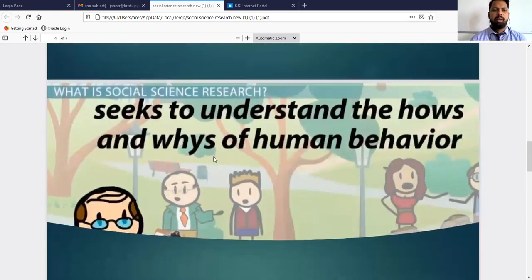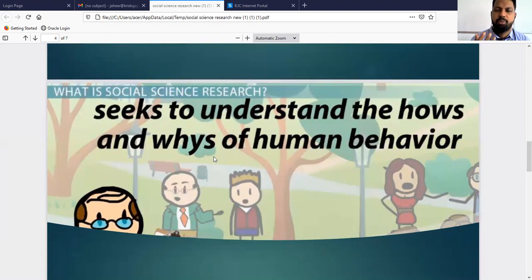So simply we can put it as: social science research seeks to understand or seeks to know the hows and whys of human behavior. This is a simple explanation. It seeks to understand the hows and whys of human behavior, and it is a systematic method to find a solution for the unexplained things.